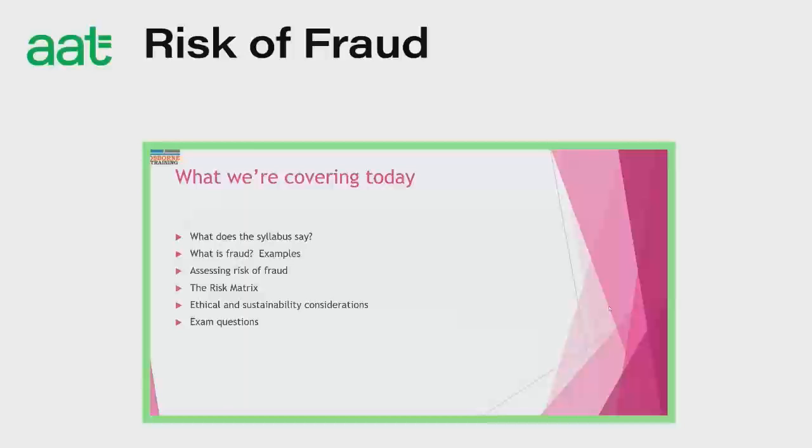We'll round off just reminding ourselves of ethics and sustainability considerations. They are incredibly important. And then just looking at a couple of the exam questions from the AAT online assessments in the Lifelong Portal, which of course you've all got access to.